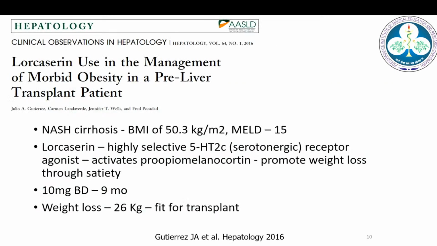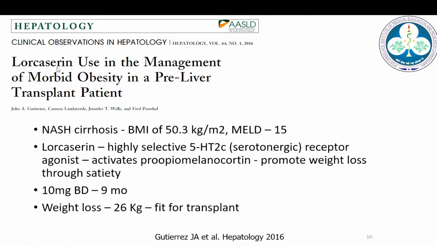So in 2019, when we did the national consensus on nutrition in Chandigarh, which was later published in 2021, this drug lorcaserin was there in the market, and it is from a company called Eisai.